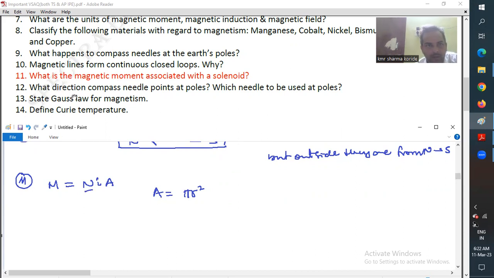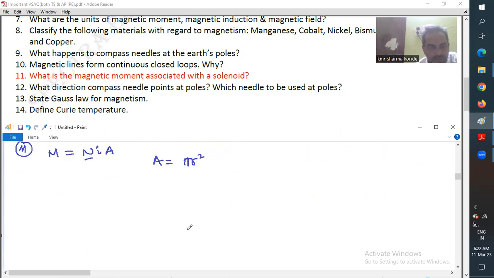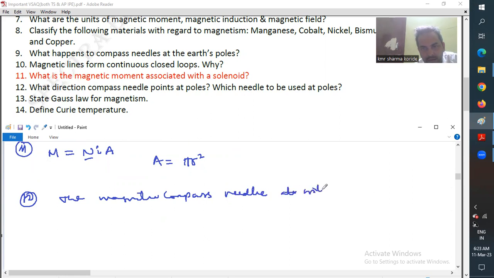Then, what direction does the compass needle point at the poles? Which needle is to be used at the poles? The magnetic compass needle, answer you can directly write. The magnetic compass needle will align according to the poles of the magnet.